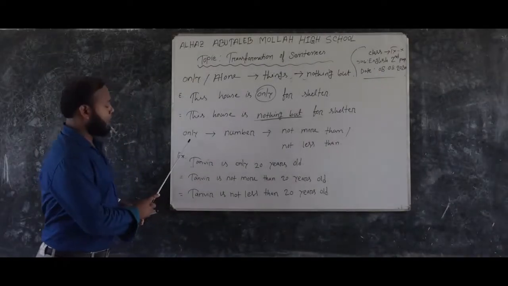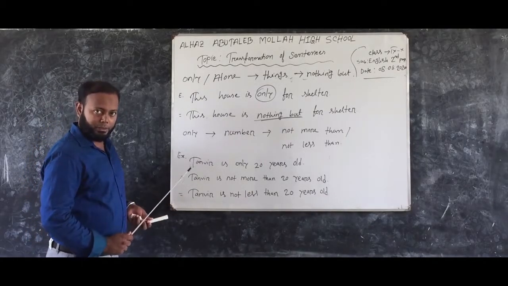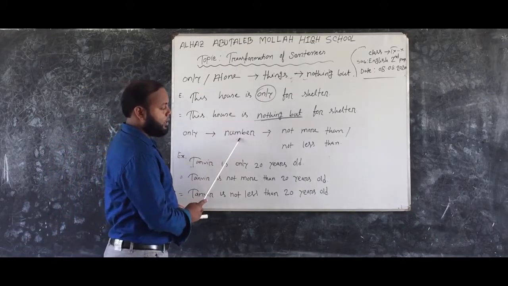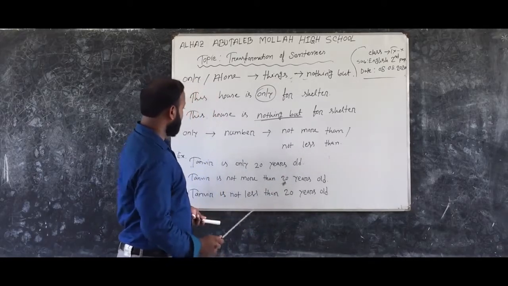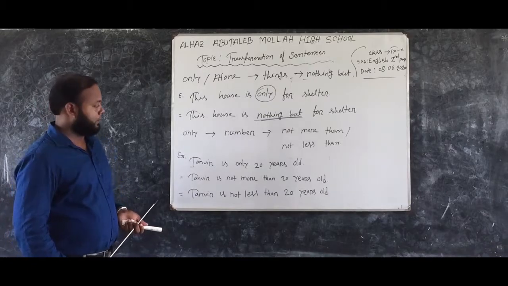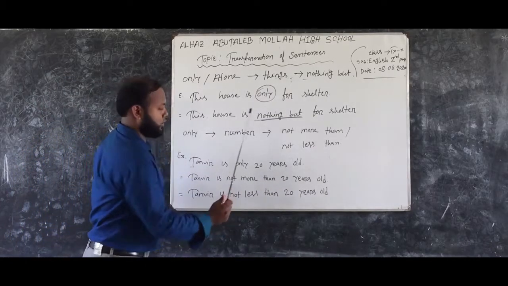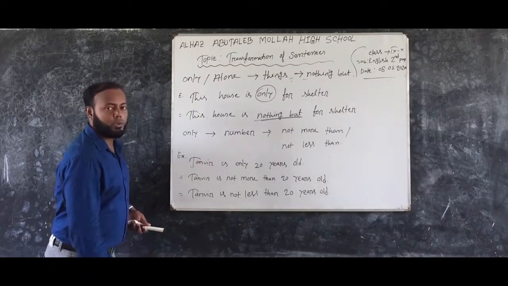Do you understand? If in any affirmative sentence you find only and it indicates a number, then you have to use not more than or not less than instead of only in order to change into negative. For example, Tanvir is only 20 years old. Here, only indicates the number 20.